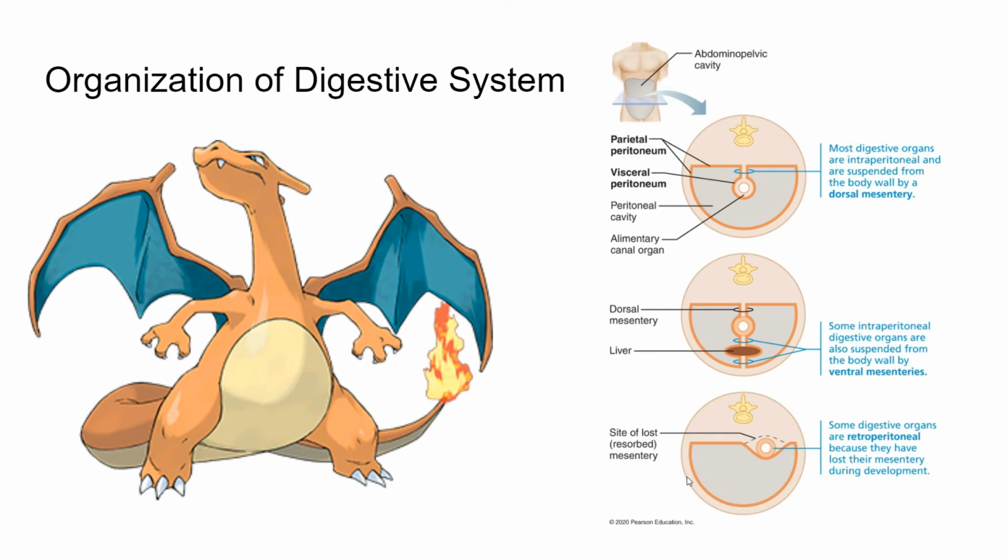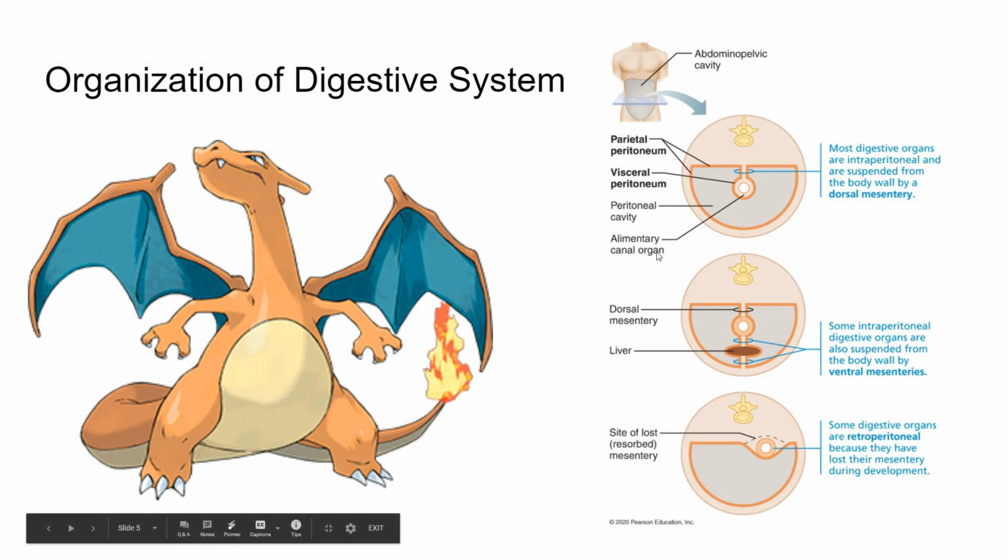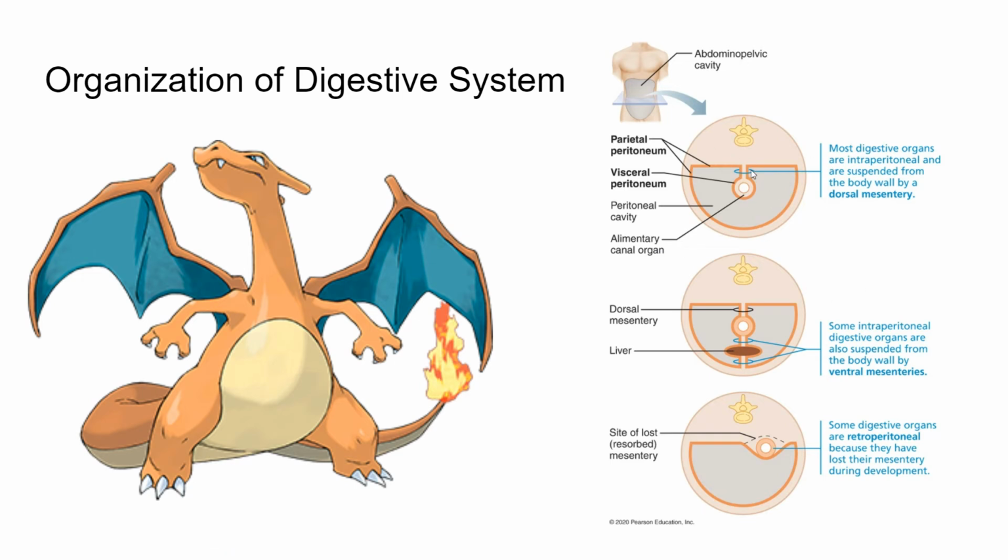And so let's look at how the digestive system is organized. There are a series of membranes, very similar to the respiratory system. If you remember, we talked about that. There are 2 different membranes there, the visceral and the parietal, but in this one they have a different name. They're called the peritoneum. Peritoneum is just this membrane that separates the digestive system from the rest of the body's stuff.